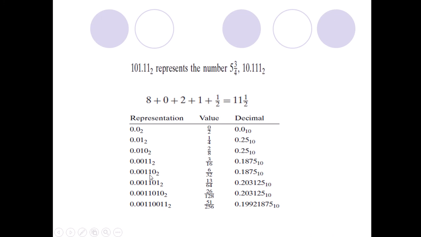Then after that, count the number of bits from here. 0 1 1, so 0 1 1 is the binary representation of 6, so you can write 6 in the numerator. So after dividing 6 over 32, you can find out this value, 0.1875.